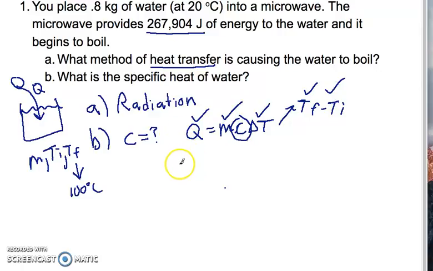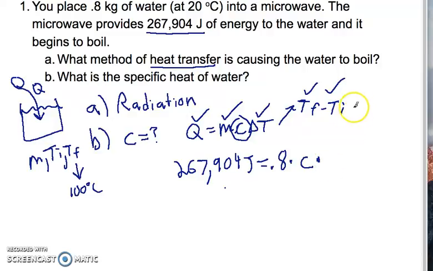So we're looking for C, so we can find that. We're going to plug in 267,904 joules of energy, thermal energy going in, the mass, 0.8, looking for C, and then delta T, Tf minus Ti. The final is the boiling point, so it's 100 degrees C, the initial is 20, so we're going to have a delta T of 80, really. So I'm going to plug that in.